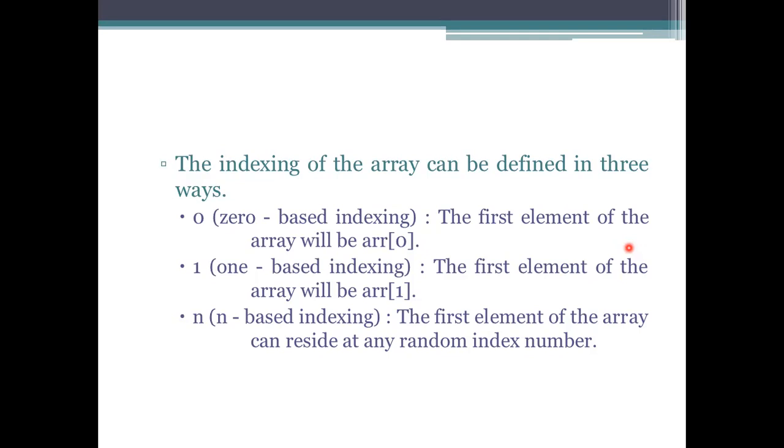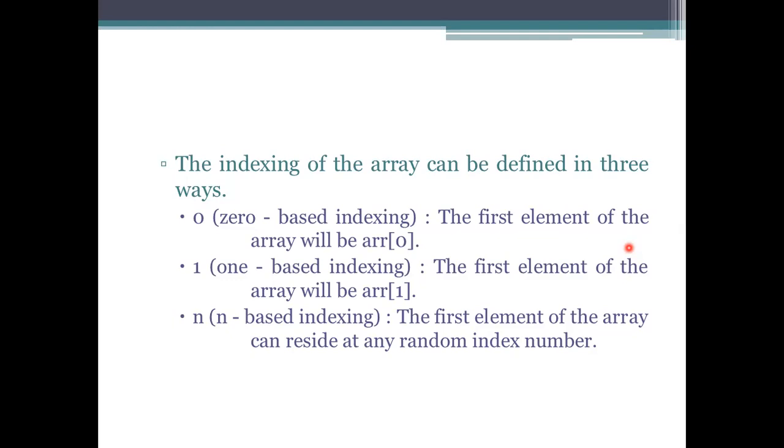For the storing of the elements, that is the indexing, where we need to store the first element can be automatic, or you need to specify manually where it is to be stored. You can specify the address or the subscript and start storing the elements.